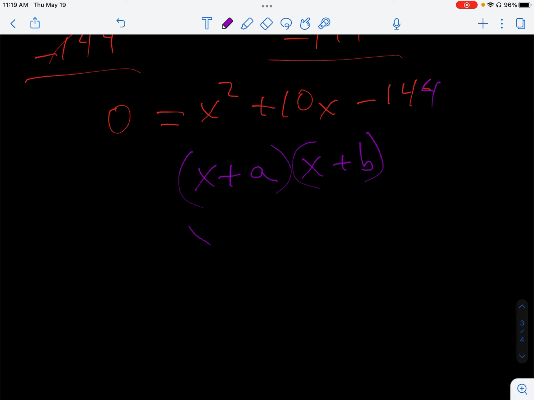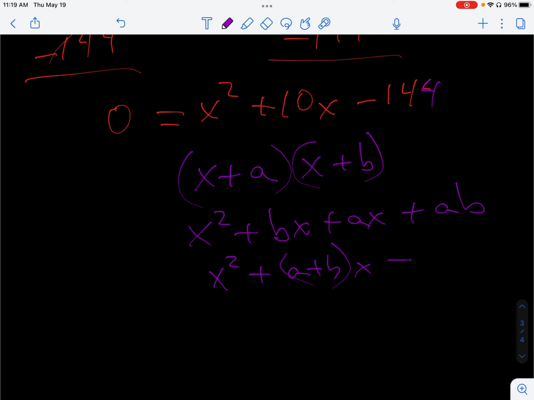So when we do FOIL, we end up with x squared plus bx plus ax plus a times b. Then we would combine our like terms, and we have x squared plus a plus b times x plus ab.